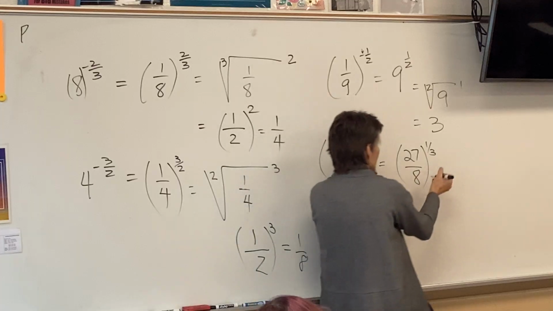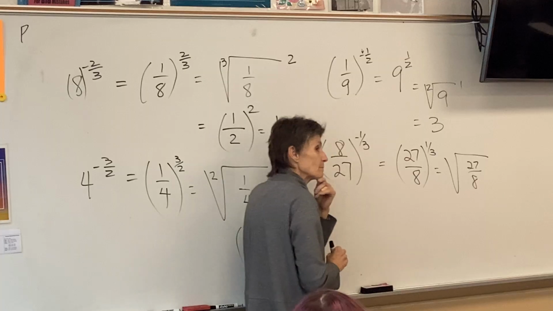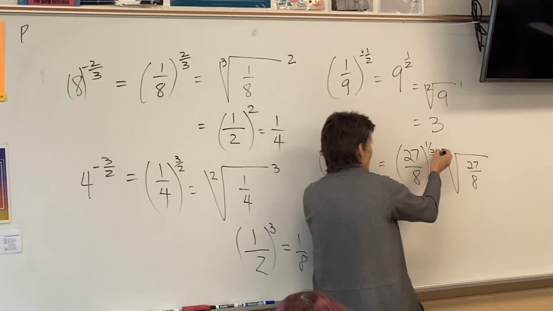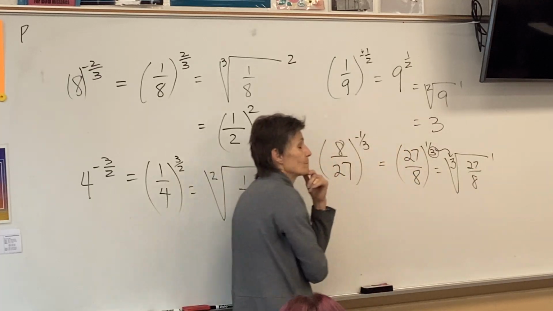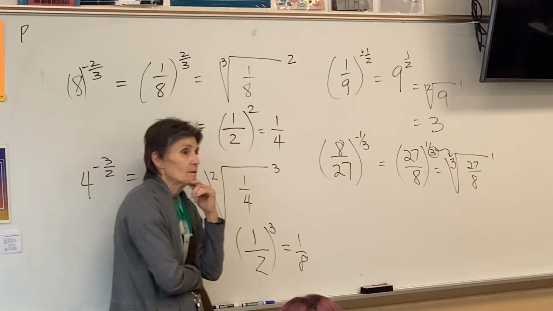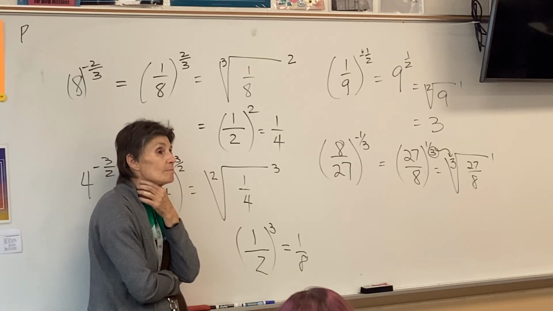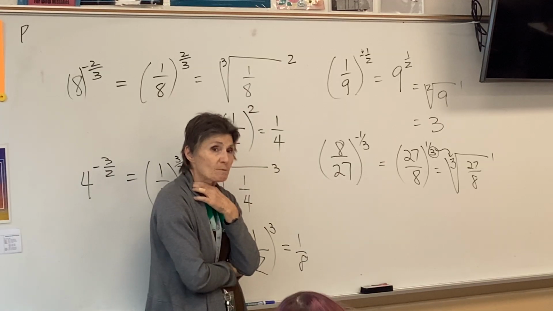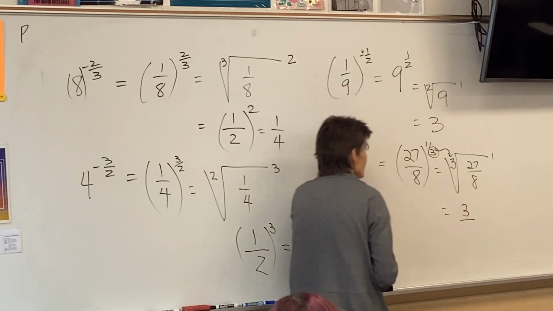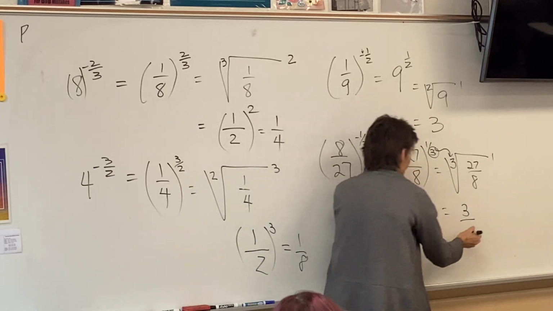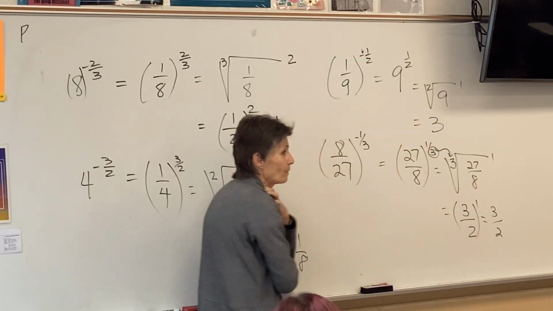So that's the radical with 27/8 underneath. What kind of radical is it? Cube root, first power. The cube root of 27 is 3, because 3 times 3 times 3 is 27. The cube root of 8 is 2. Since it's to the first power, that's it. 3/2 is our answer.